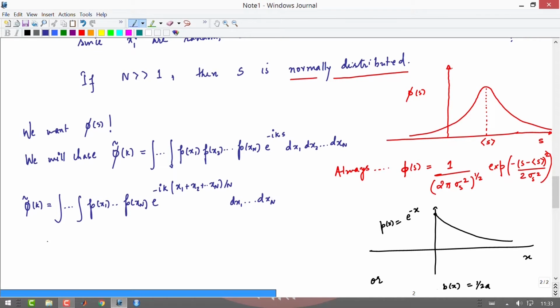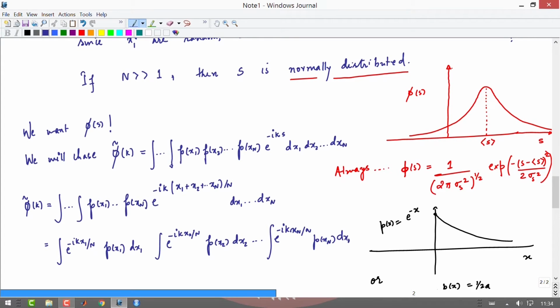And since these variables are uncorrelated, I can split up these exponentials and write them as e to the power minus ik x1 p of x1 dx1, into e raised to minus ik x2 p of x2 dx2, all the way to e raised to minus ik xn p of xn dxn.